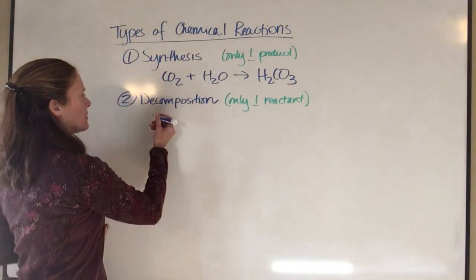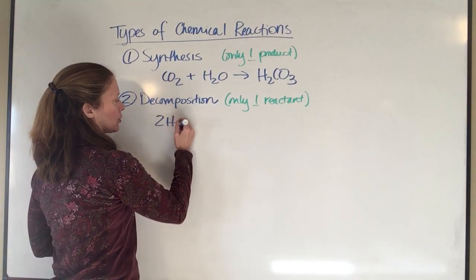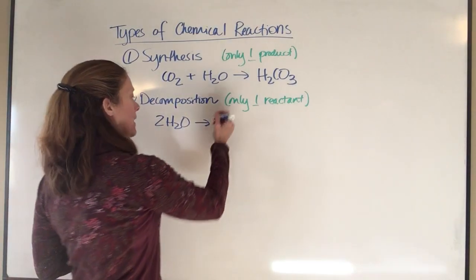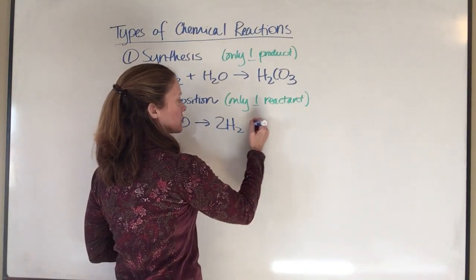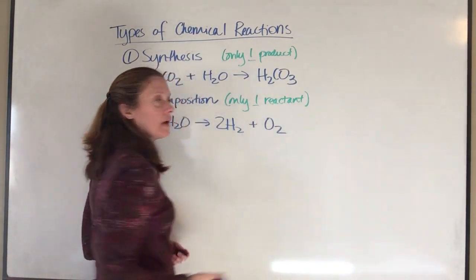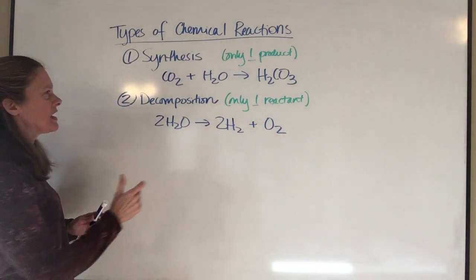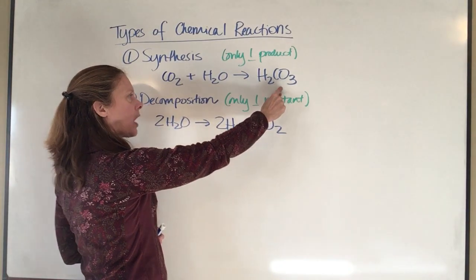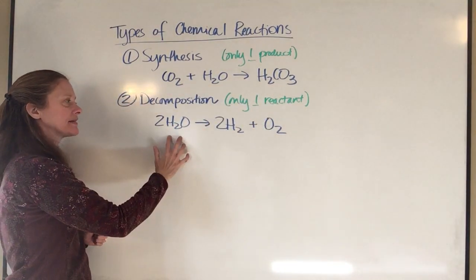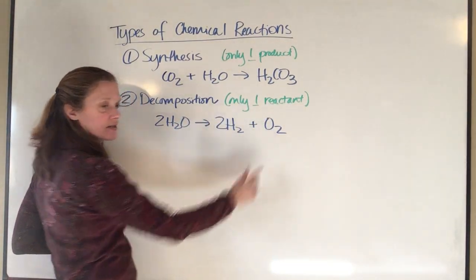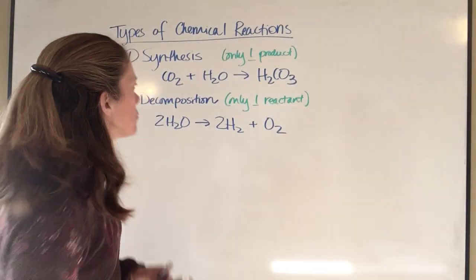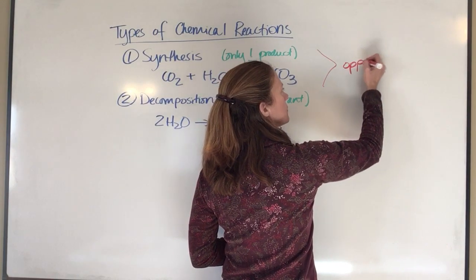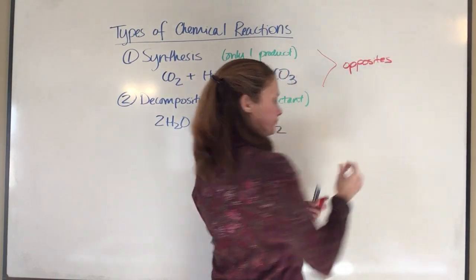As an example, if I take water and I run electricity through it, I can break it down into its components, hydrogen and oxygen. Here I was forming something and I had one product. Here I have one reactant and I'm breaking it down into something different. So in reality, synthesis and decomposition are the exact opposites of one another.